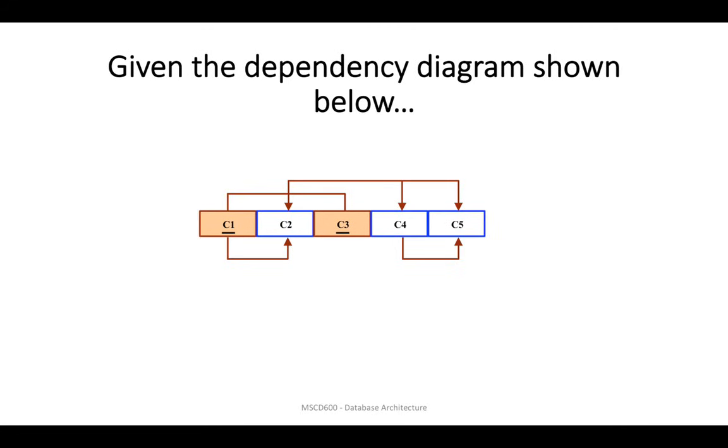First, we're going to look at this very basic example of a dependency diagram to understand the concept before we actually go into an example utilizing actual attribute names. Okay, so how do we determine dependence to create this diagram to begin with?